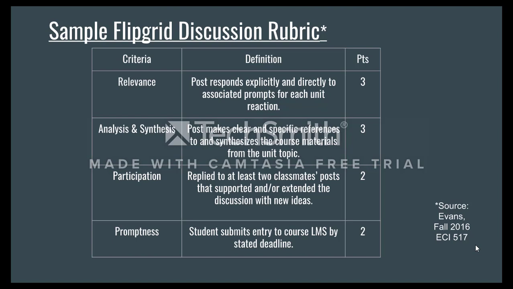I just basically duplicated what he had in the syllabus and have provided it for you here as a good sample. As you can see, he had a four-pronged criteria of relevance, analysis and synthesis, participation, and promptness. And then he goes on to define what those mean, and then has a point weight associated with each of those targets.